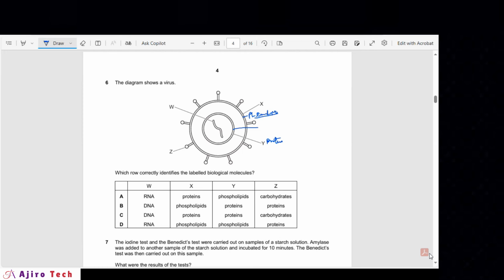So here, the nucleic acid is either DNA or RNA. It cannot be both. So X is phospholipid. Y is protein. W is DNA or RNA. And Z is a glycoprotein.